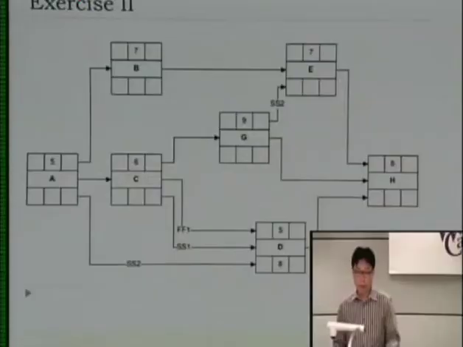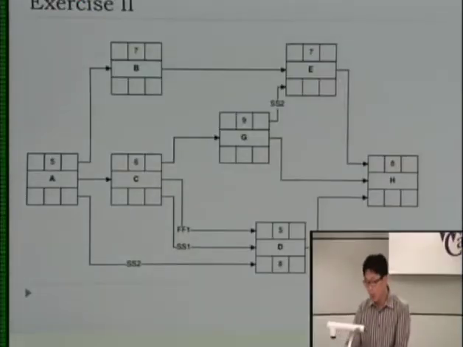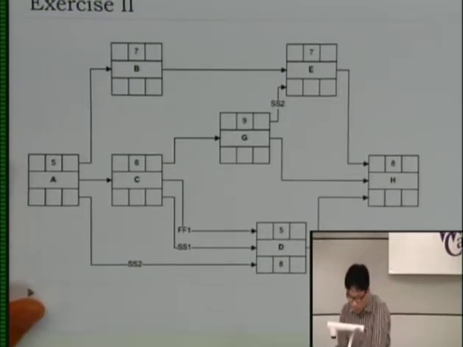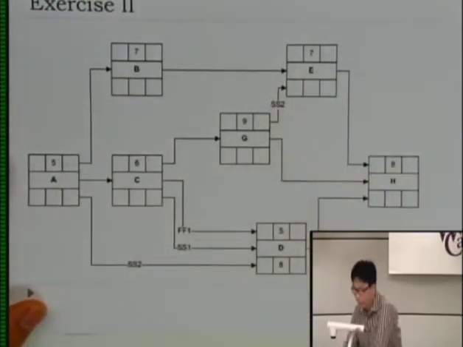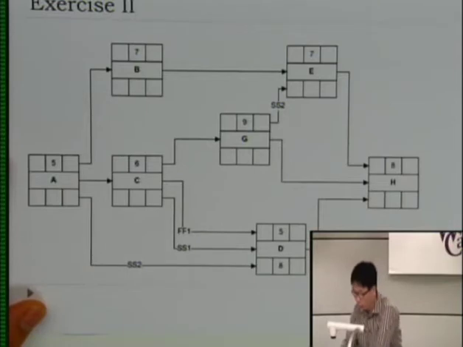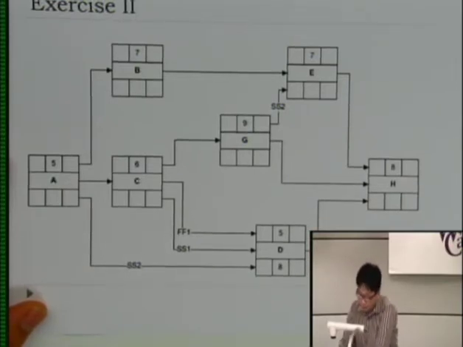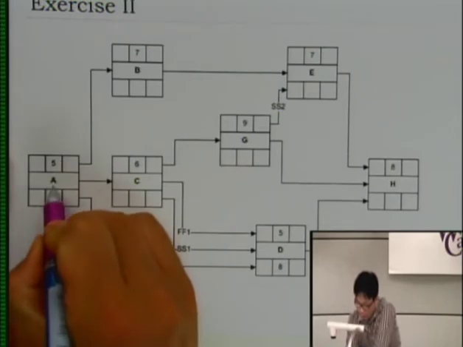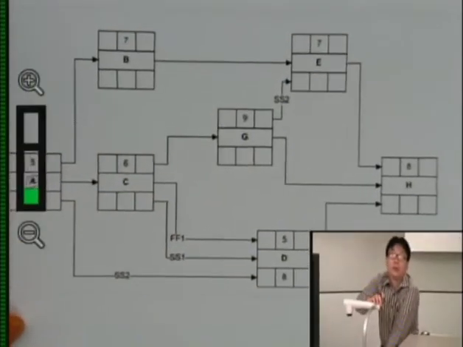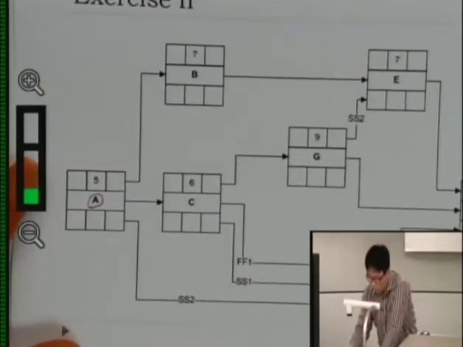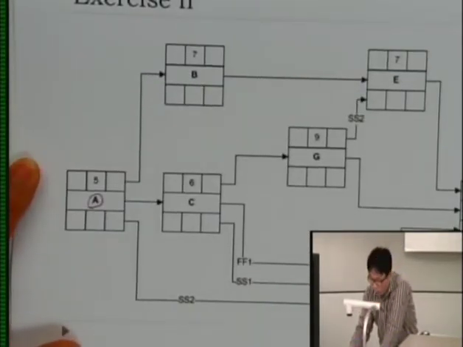So if you look at your PowerPoint slide, there is exercise number 2. I'm going to show you one by one how you can calculate. If you look at this exercise 2, there are 1, 2, 3, 4, 5, 6, 7 different activities from A to H. So the first activity is activity A. The duration of activity A is 5 days.